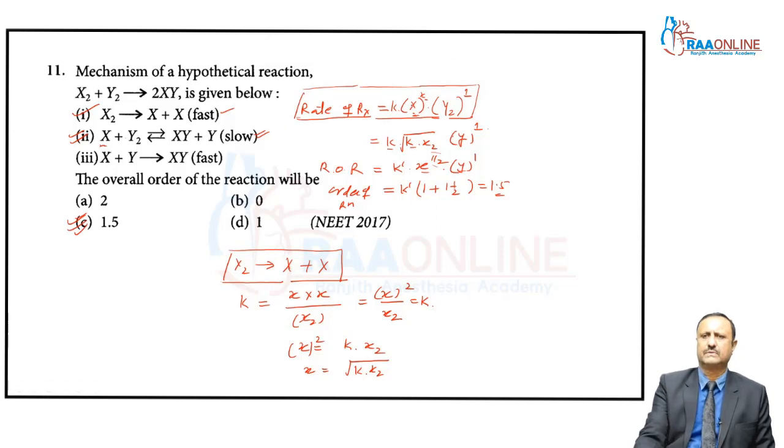Put the value of x from this equation and get the order of reaction. This is the concept and this is the trick to solve this type of problems. I hope, my dear students, you can solve all such problems in your book or in your question paper, old question paper, previous question paper.